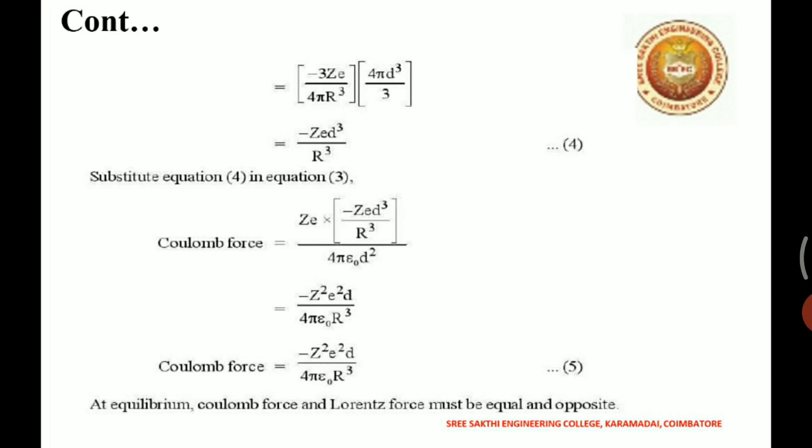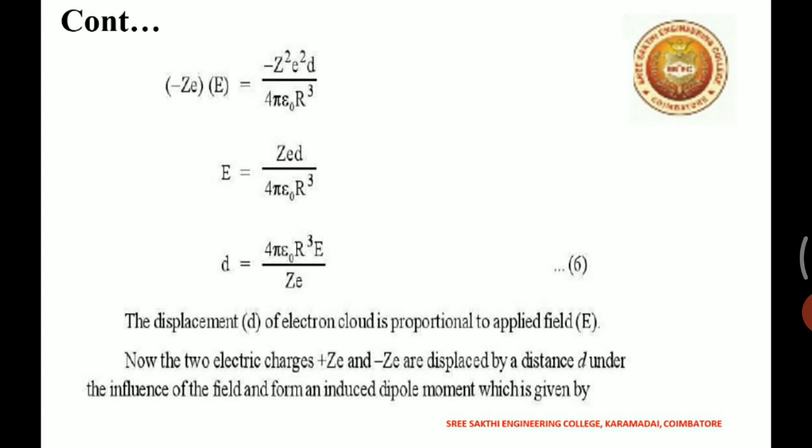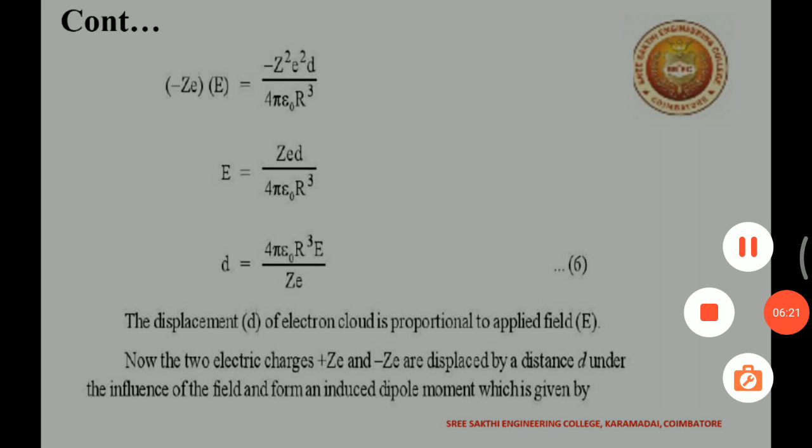On further simplification, we get Coulomb force as minus Z square e square d by 4 pi epsilon naught R cube. As already said, Coulomb force is equal to Lorentz force. So while substituting it, minus Ze and minus Ze will get cancelled. So remaining will be E is equal to Zed by 4 pi epsilon naught R cube.